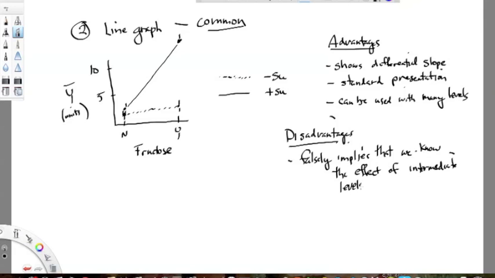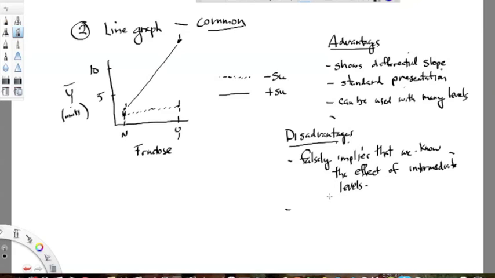And so we have to make sure that it's clear that we're not inferring anything about these intermediate levels of fructose. Because there certainly is something between our no and our dose that was the yes, right? We have values in between, but we don't actually know anything about them. We don't know that they're linear at all. But we're drawing that line, we're kind of implying we do. So that's false and can be misleading at times.